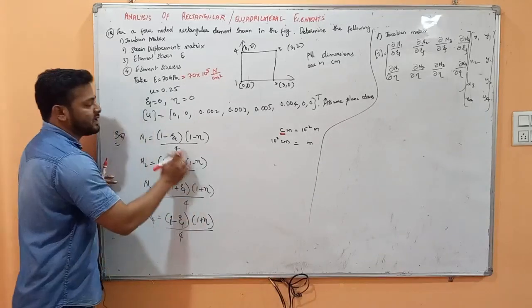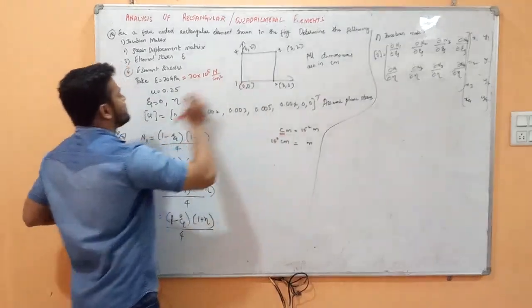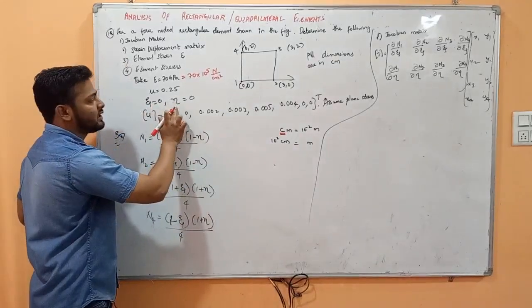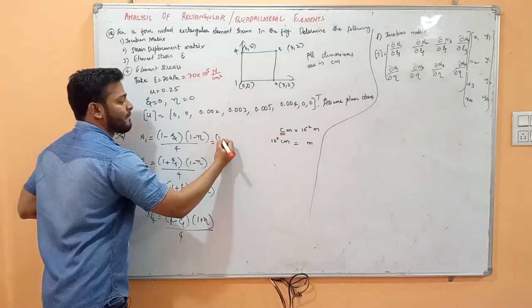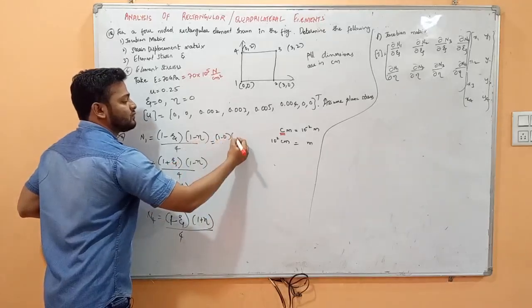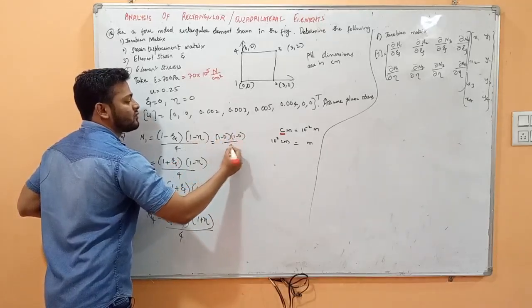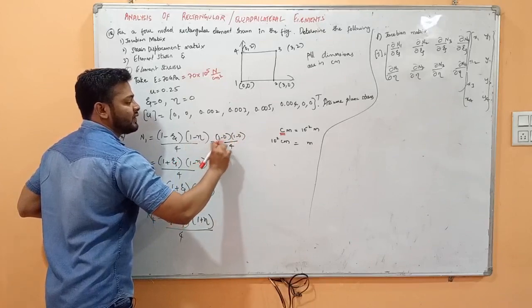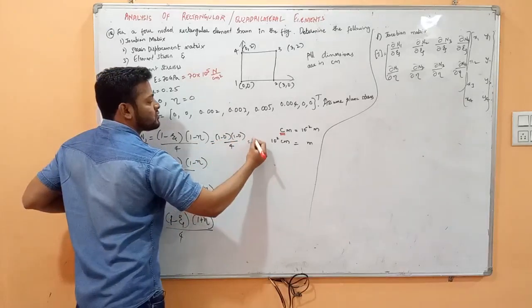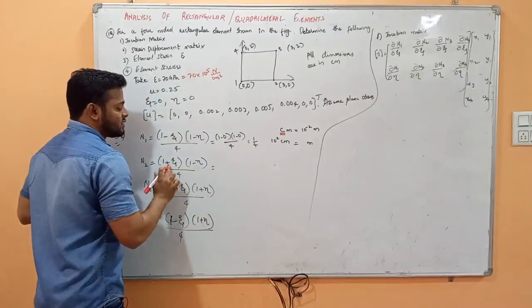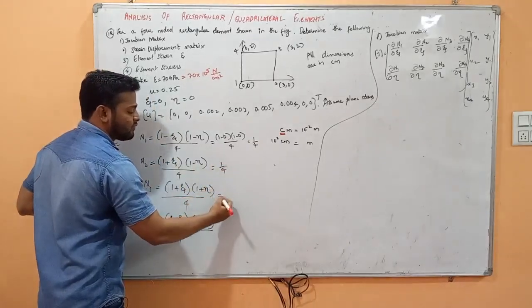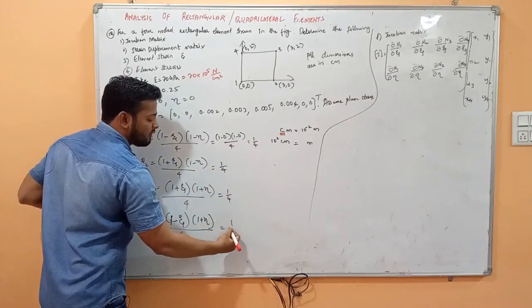So this xi and eta is given in the question. Xi is given as 0 and eta is given as 0. So 1 minus 0 by 4, this is 1 into 1, 1 by 4. So all these are 1 by 4. Similarly 1 plus 0, 1 minus 0, just substitute this and you are going to get 1 by 4 here, here and here.